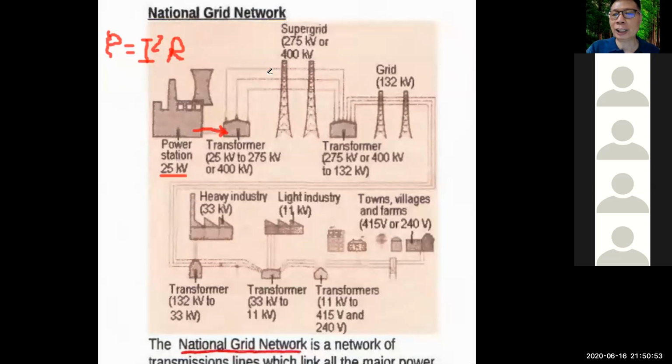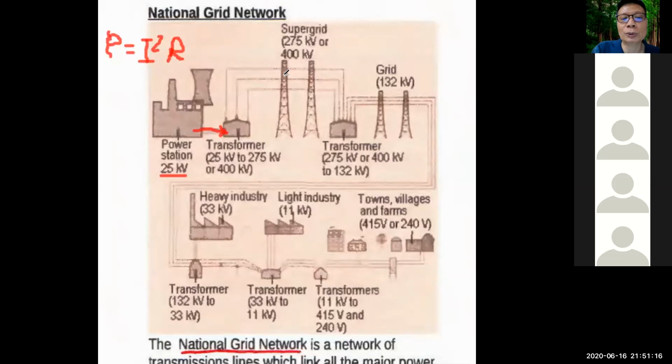That's why this control center, they will never let anybody know where it is. Even America, the Google satellite also cannot find the place. Only Tenaga Nasional and the Prime Minister know where the place is.